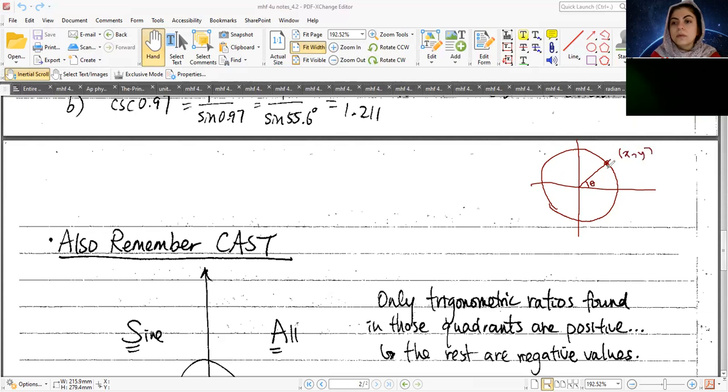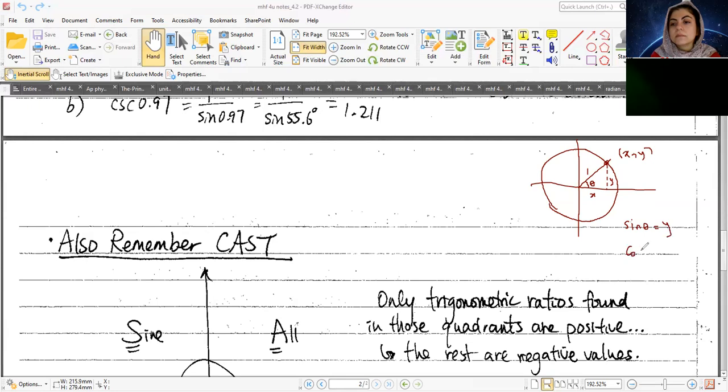The y component is from here to here, and the x component is from here to here. This is a unit circle, which means the radius is 1. Sine theta is equal to opposite over hypotenuse, y over 1.